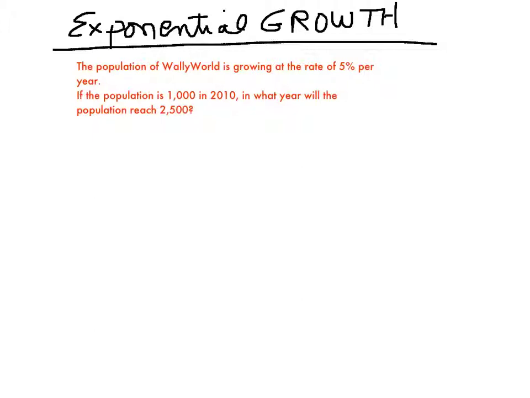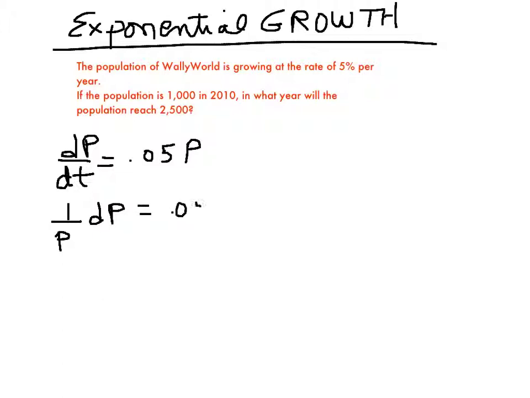So we can immediately begin by saying that dP/dt is equal to 0.05P. That's the rate of change. And if we separate, we get 1 over P dP is equal to 0.05 dt.